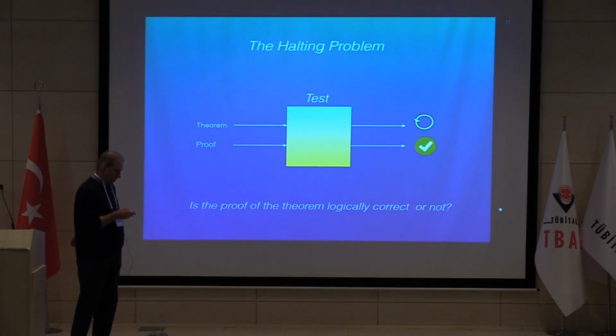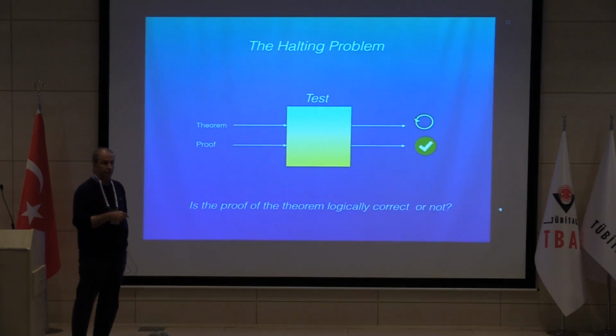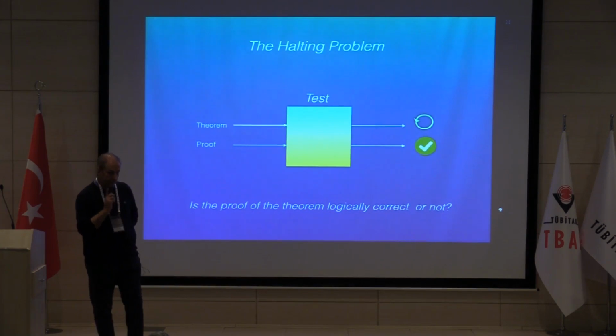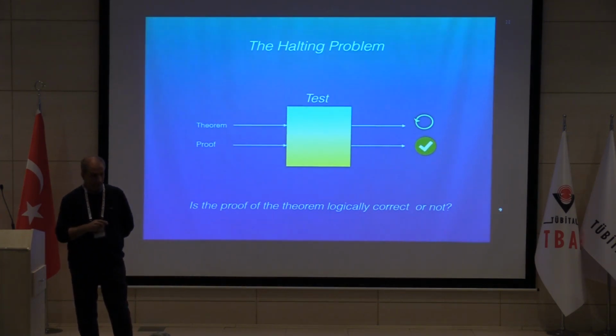And the halting problem, the halting theorem of Turing, states that this is not possible. You cannot make such a machine. By principle, you cannot. So it's good news for mathematics. It's good news for the human mind. It means that nothing can substitute the human mind.